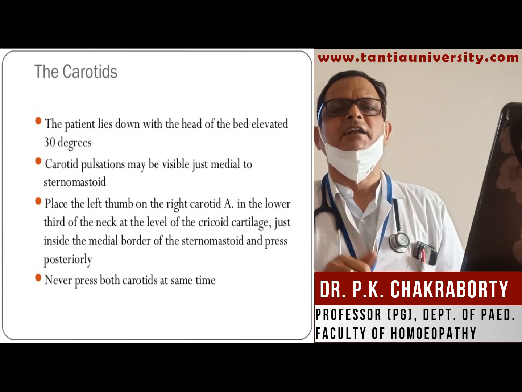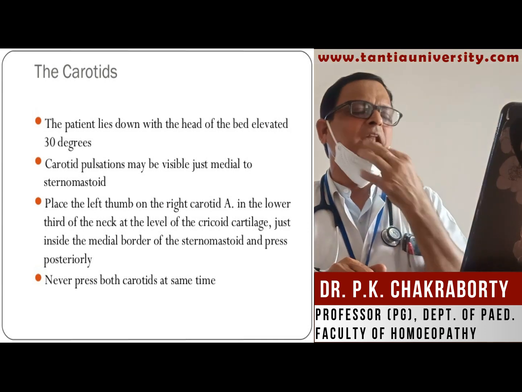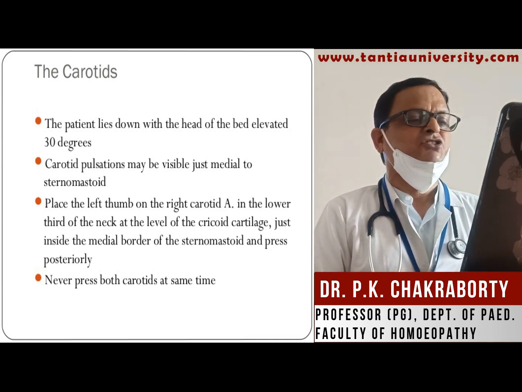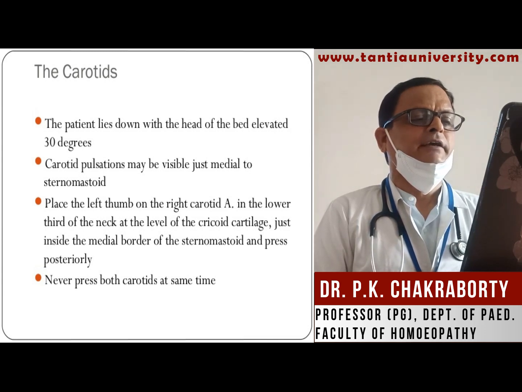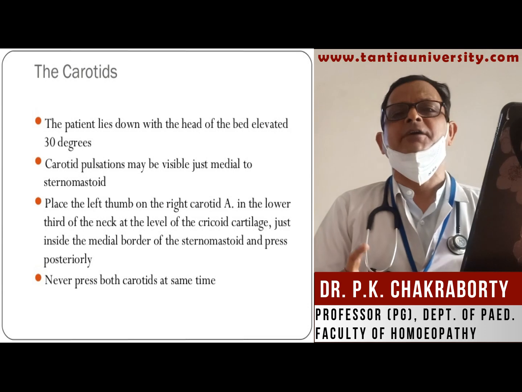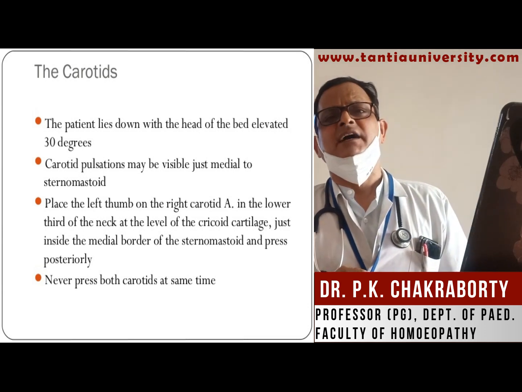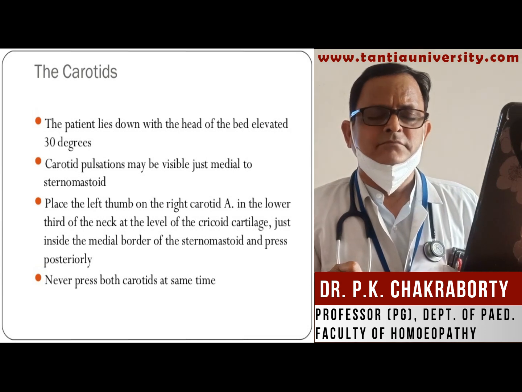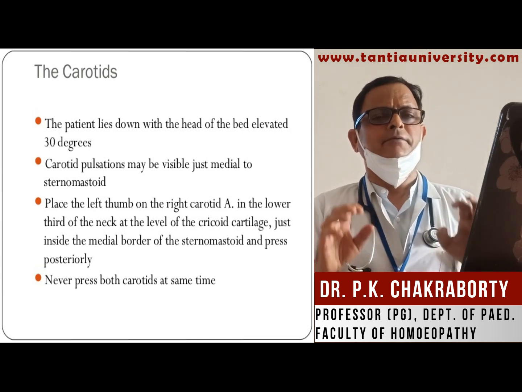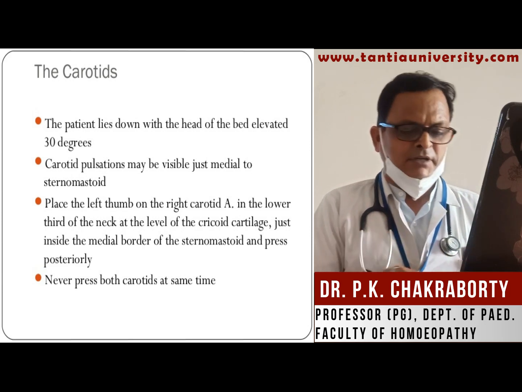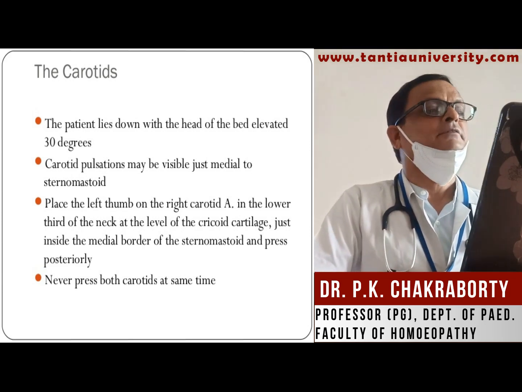Against the cricoid cartilage, if we give pressure just medial to the sternocleidomastoid, pressing posteriorly, we can get the carotid artery pulsation. But one thing we have to keep in mind is that the carotid artery should not be palpated on both sides, or pressure should not be given on both sides. It may hamper the circulation to the brain.